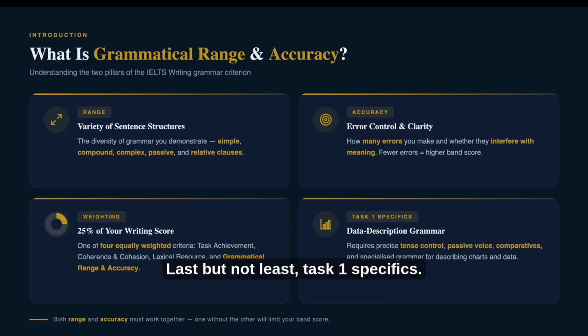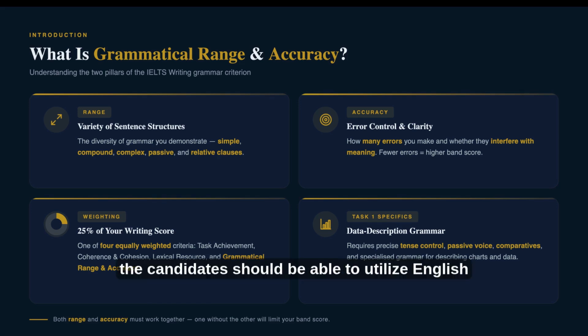And last but not least, task 1 specifics. What do I mean by that? Well, task 1 specifics refer to the data description grammar. It requires precise tense control.